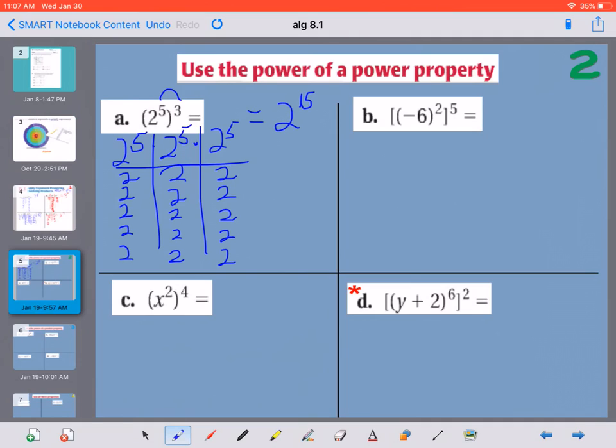So this one over here, we have brackets and we have parentheses. This is saying we have 5 -6 to the second powers. So I'm going to write that out. -6 to the second power times -6 to the second power, I'm going to write this 5 times.